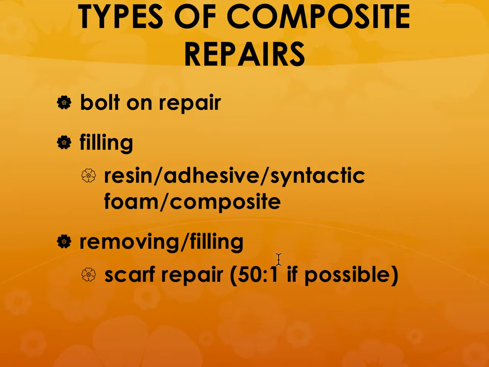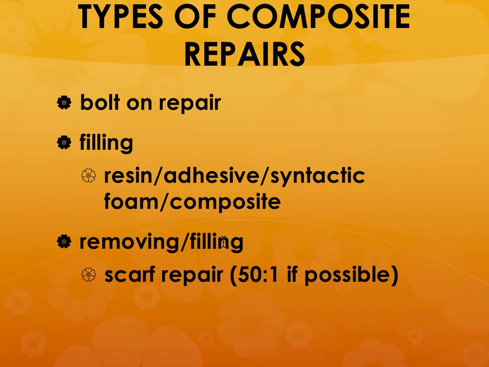The third kind, which is the best type of repair, you remove part of it and you create some kind of an area that is resembling a scarf, and you patch it with new composite material, which would be pre-preg layers and things like that.